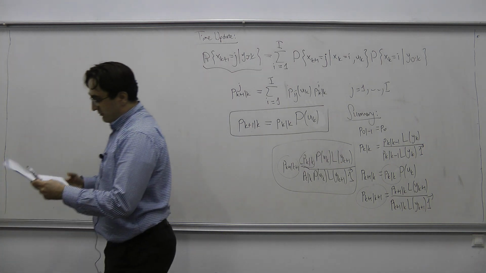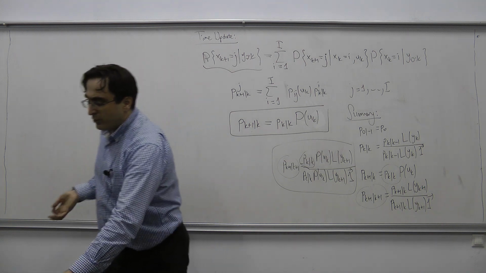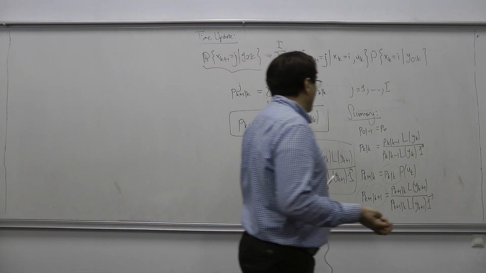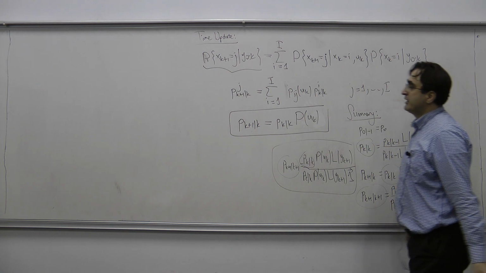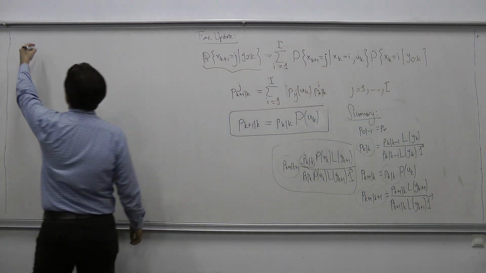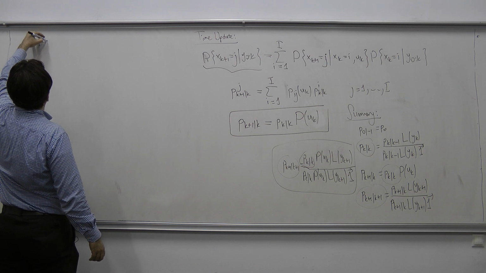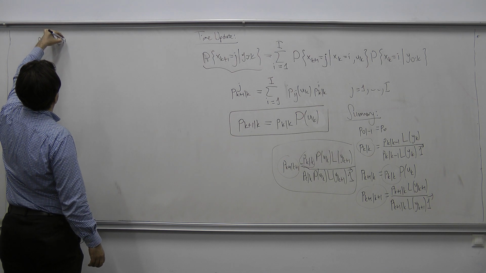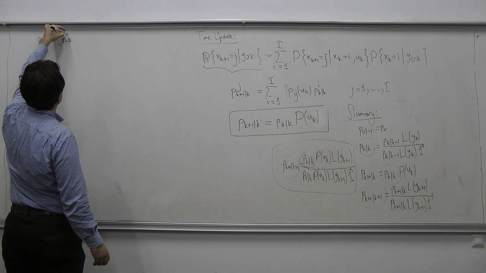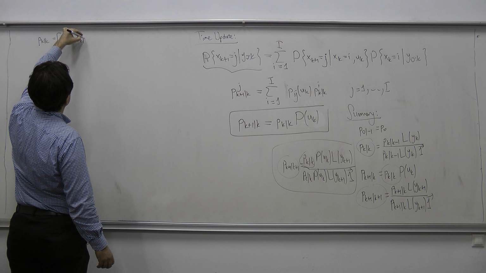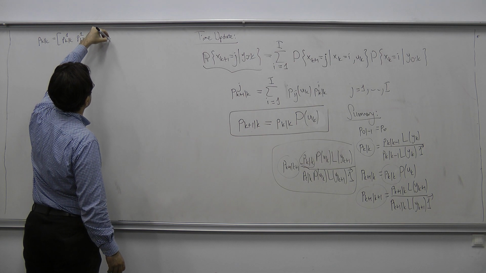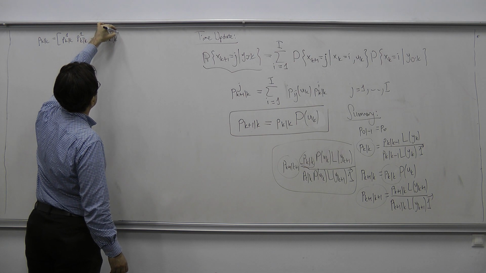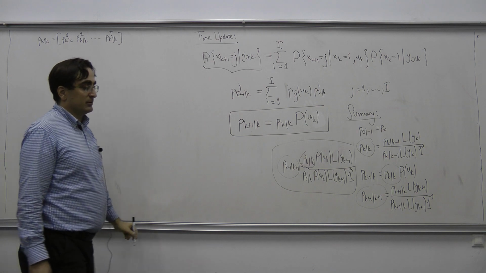So here, what we did is that we obtained the posterior state distribution. We obtained p_{k|k}. So this is going to tell us the probability that the state is equal to 1 given all of the measurements, probability that the state is equal to 2 given all of the measurements, and probability that the state is equal to I given all of the measurements.